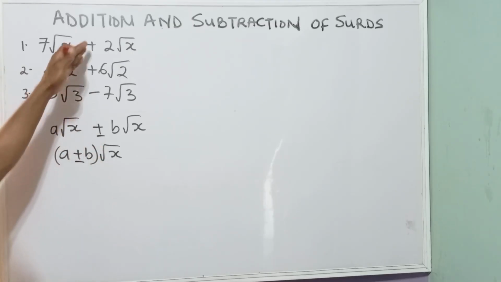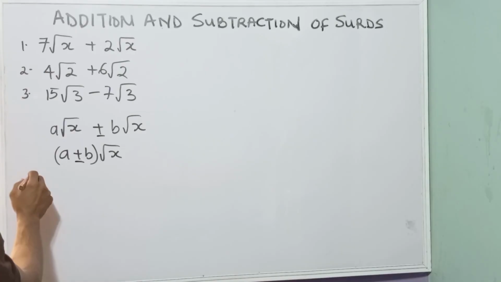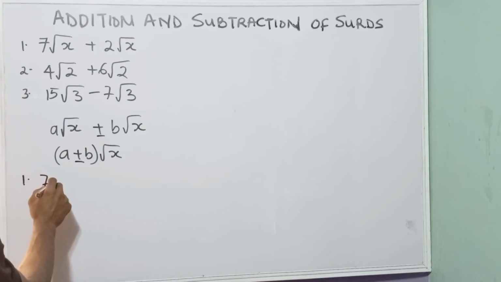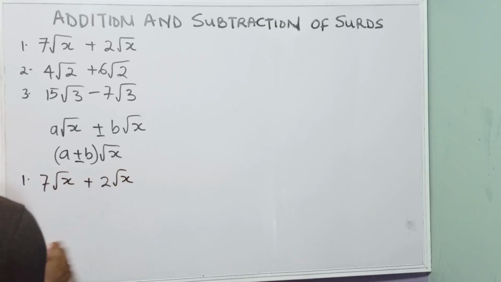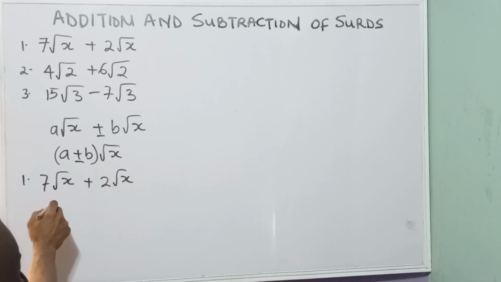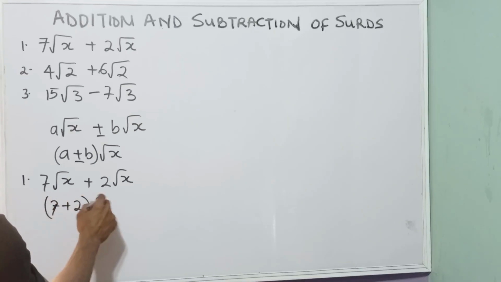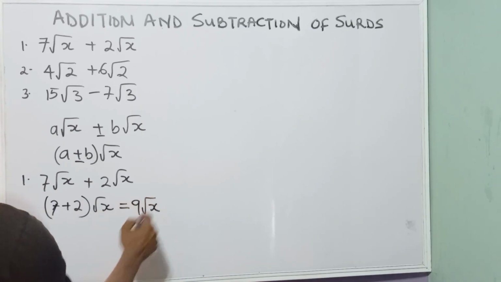Now applying this rule in these examples here, we have 7 root x plus 2 root x. Since their root signs are the same, this becomes 7 plus 2 root x, which gives us 9 root x.